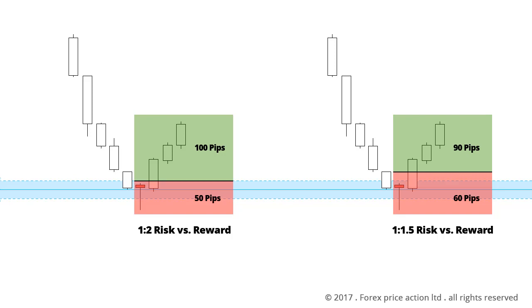What ratio does that give you? 1 to 1.5. That is not a horrible risk to reward ratio, but it's not as good as 1 to 2. So you see, a mere 10 pips difference can have a big impact on your actual trade. Your stop is going to be bigger, your target is going to be smaller. And that isn't very logical, is it?